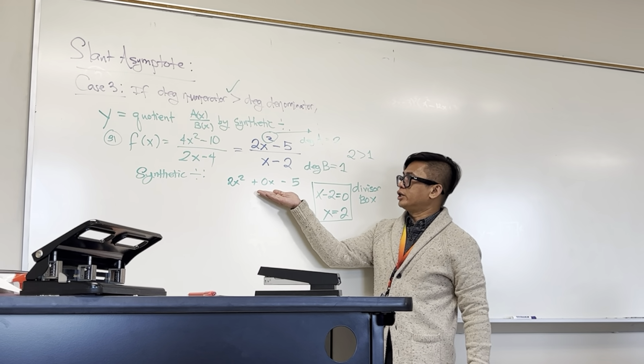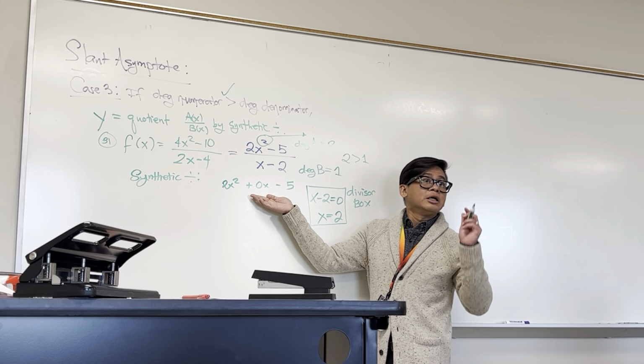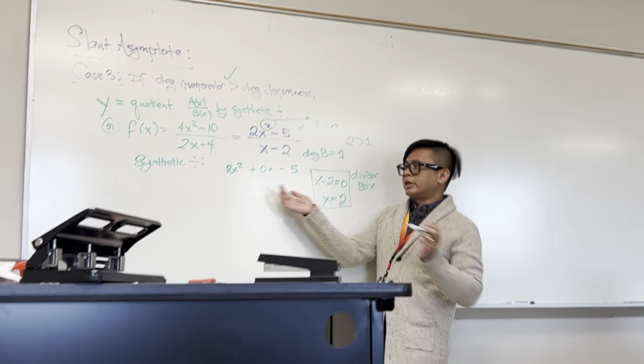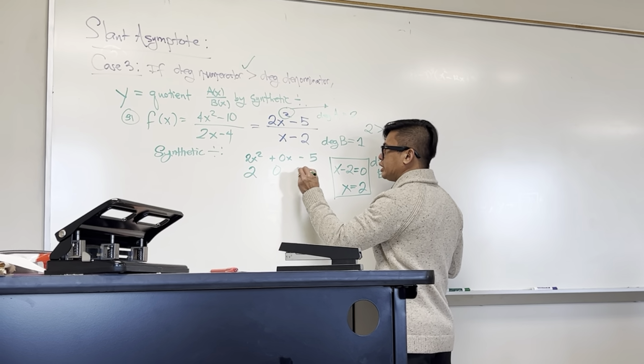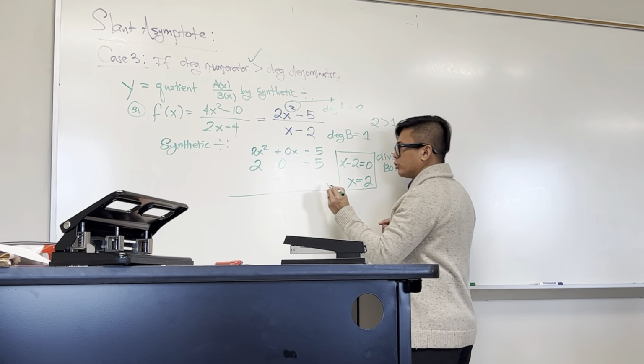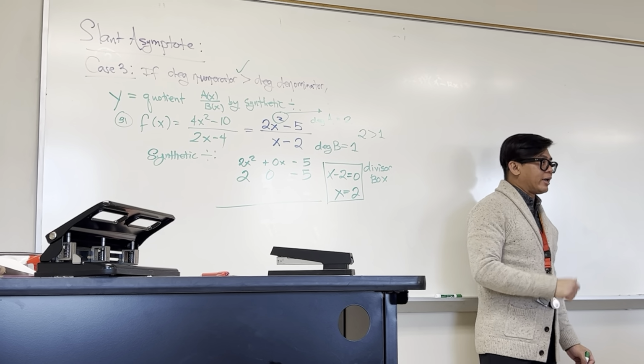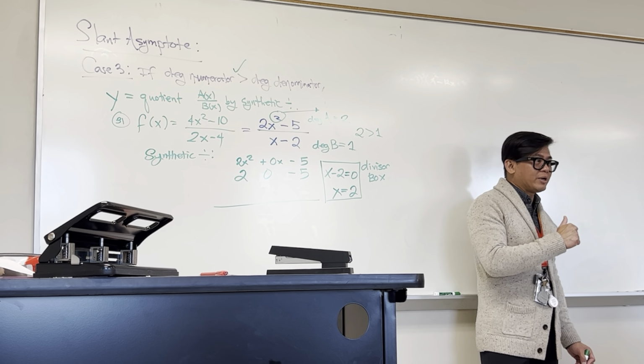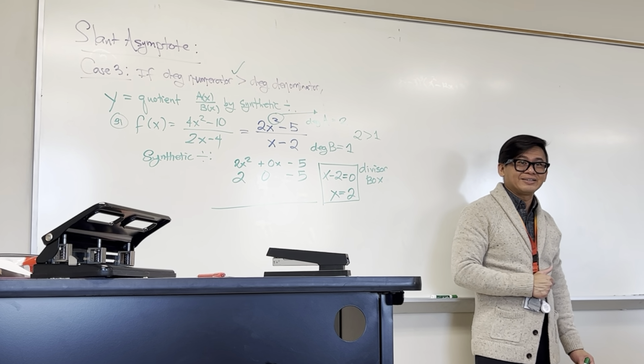If there are missing terms, set them to 0 as placeholders. So we put them as follows: 2, 0, negative 5. We put a bar. Let's do this.